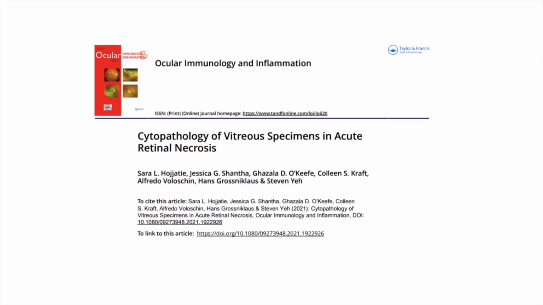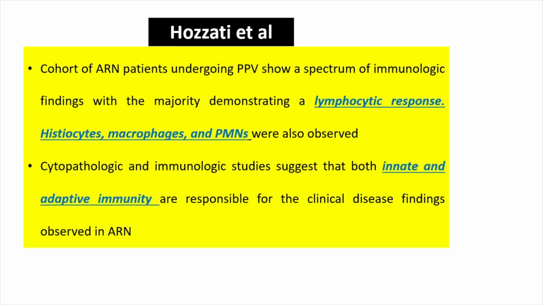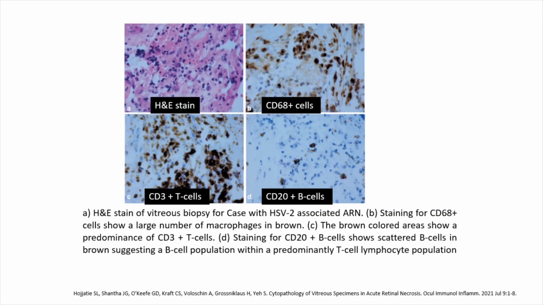Cytopathology of the vitreous specimen in acute retinal necrosis demonstrated a lymphocytic response with histiocytes, macrophages, and polymorphonuclear leukocytes. The studies suggested that both innate and adaptive immunity are responsible for the clinical disease findings. And here is the cytopathology slide, hematoxylin eosin stain, showing infiltration of lymphocytes and macrophages.